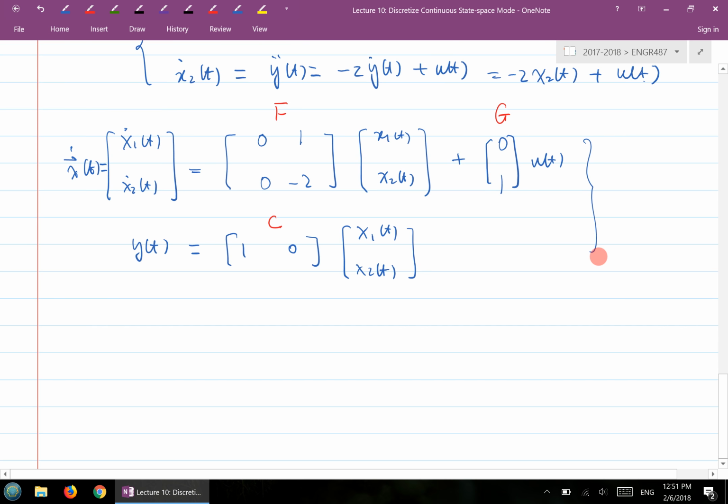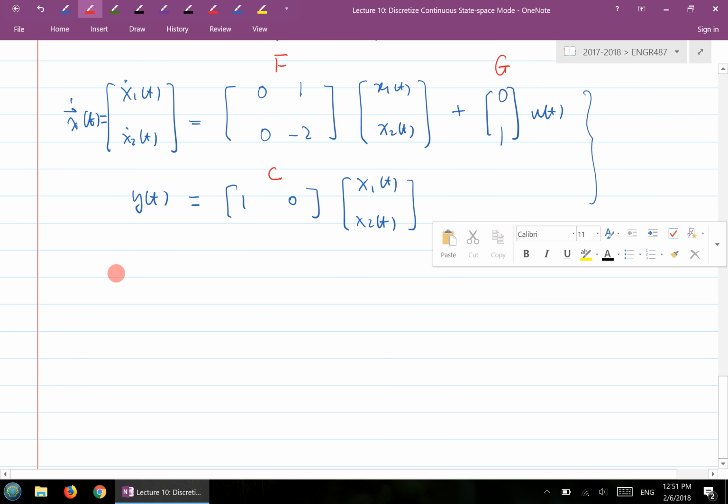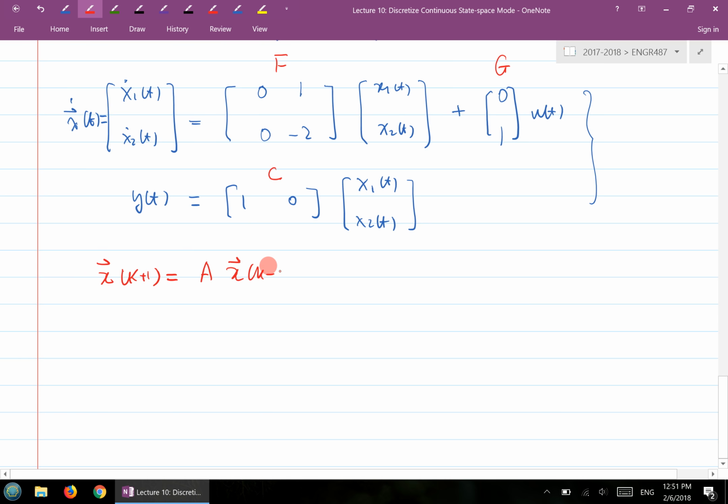Now I'm ready to derive the state space using the results. I'm going to write down the discrete general equation first. This is a single input, so it's just u of k.